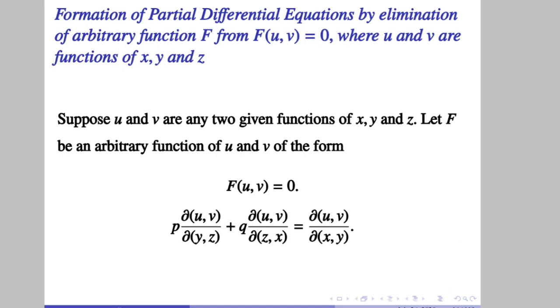And formation of PDE using this type of arbitrary function f of u comma v is equal to 0. Suppose u and v are two given functions of x, y and z. Let f be an arbitrary function of u and v, of the form f of u comma v.